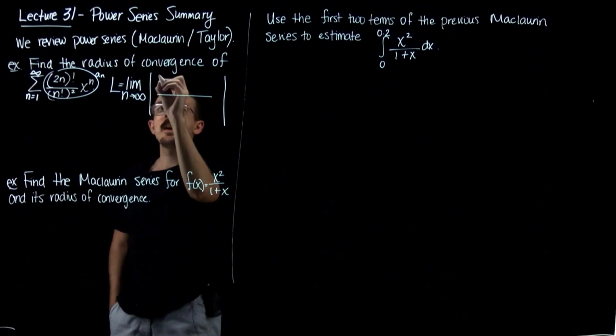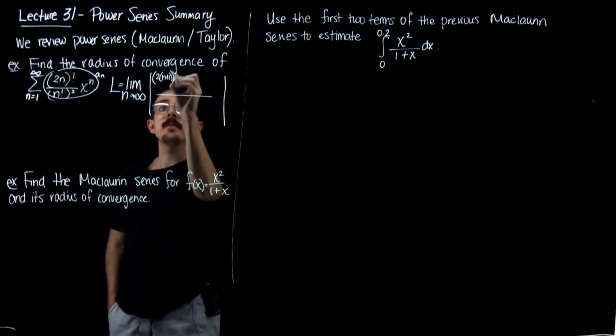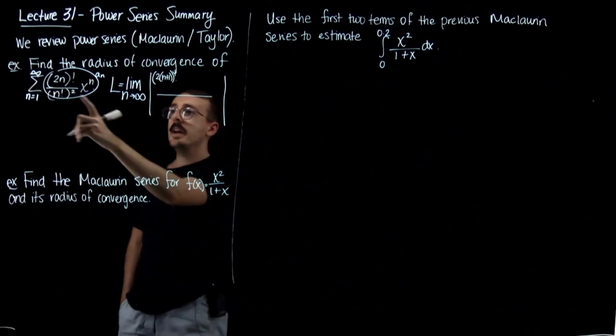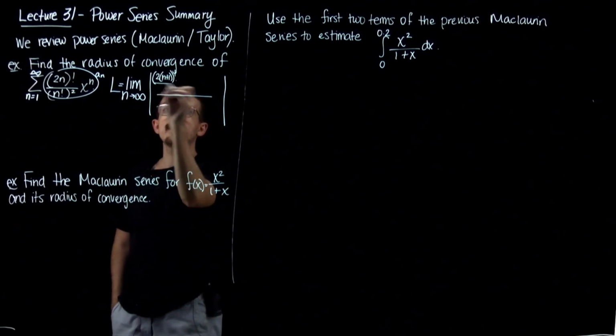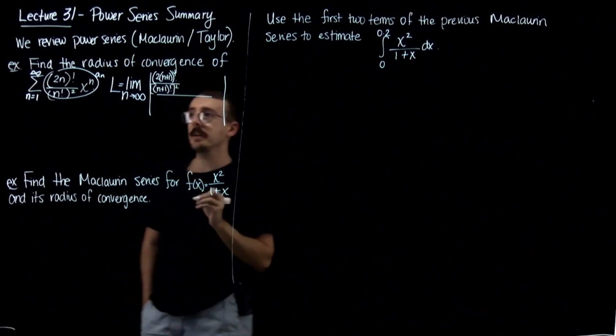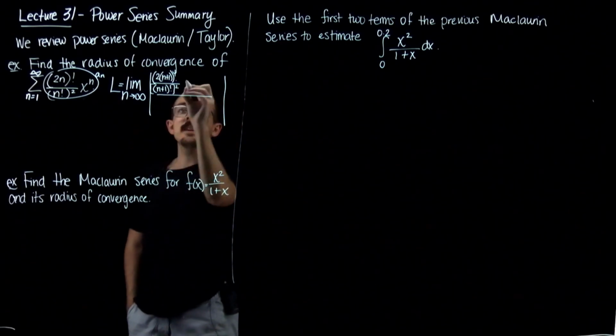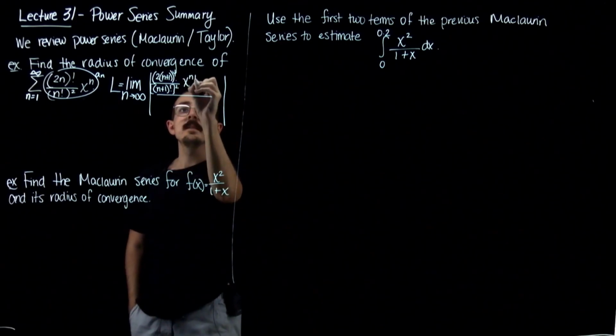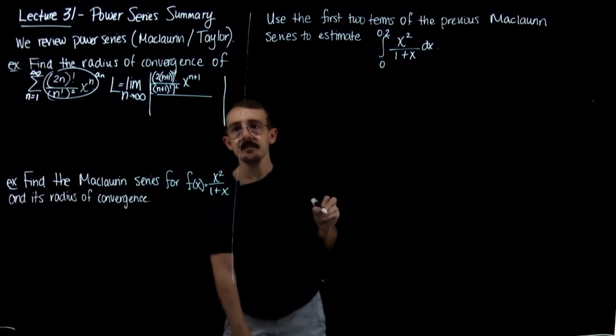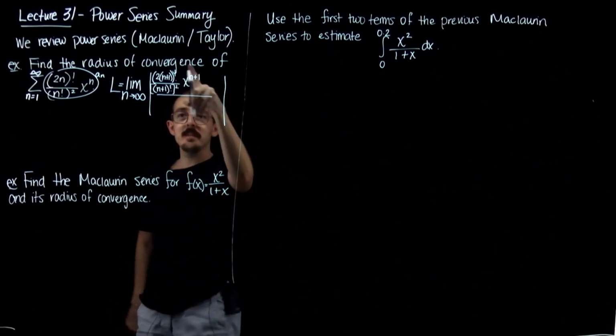So I would get 2 times n plus 1 in the factorial. And then if I plug in n plus 1 here, I get (n plus 1) factorial, and then all squared. And then this x to the n here would just be x to the n plus 1. So this is my a sub n plus 1 term.